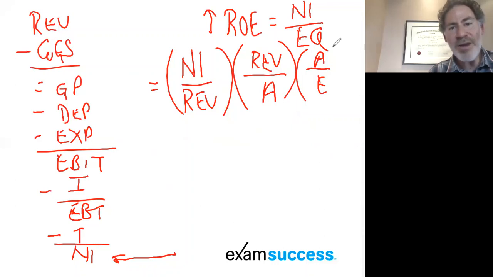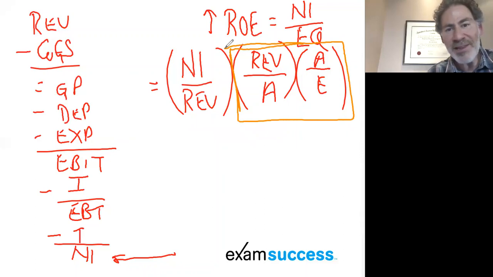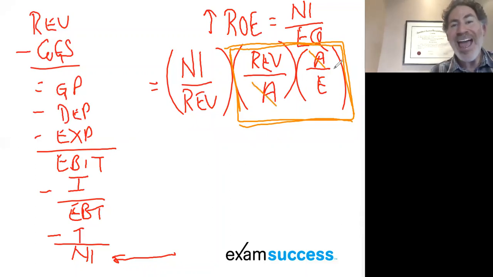And so now this one I'm just going to add is, what if we grouped the terms this way? Okay, a little bit less common, but what if we were to combine the terms? Well, the assets cancel out, and now what we're left with is the return on equity is equal to, and we know what this is, net income over revenue, that's the profit margin.